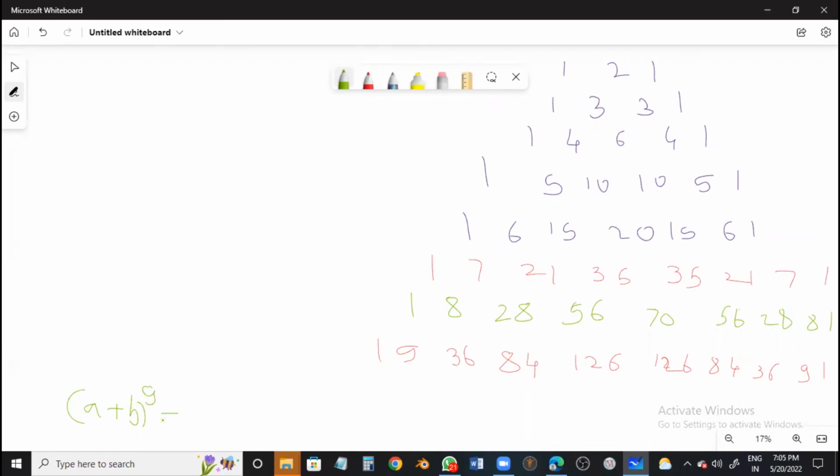So a raised to 9 will be certainly there. What was the characteristic? Characteristic was 3. So multiples of 3 will automatically vanish. So this entry is going to vanish. 36 is going to vanish. 84, this will vanish. This will vanish. All the entries have gone. And what is the answer with you?